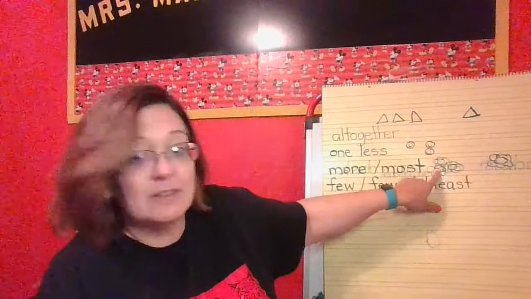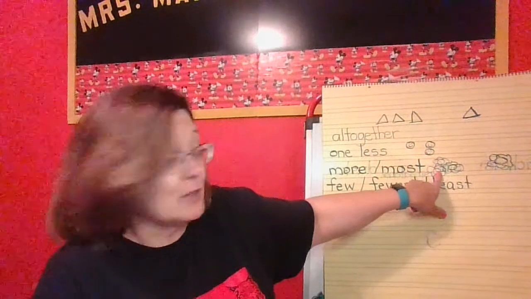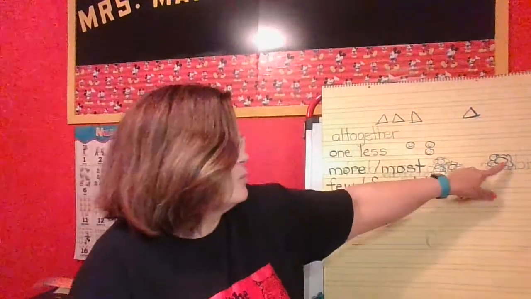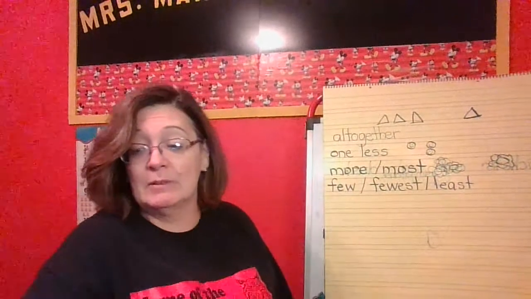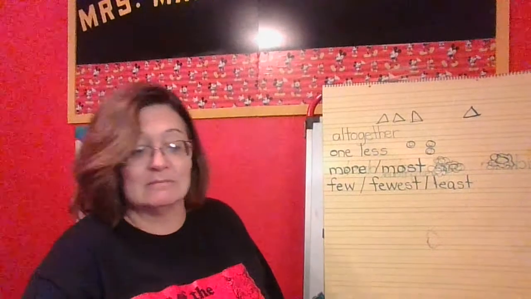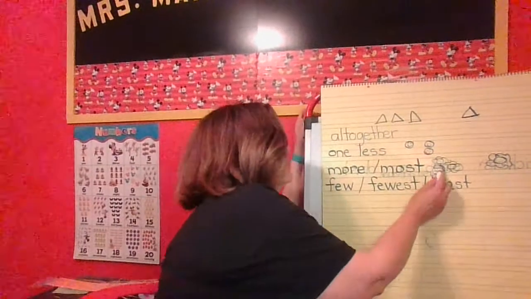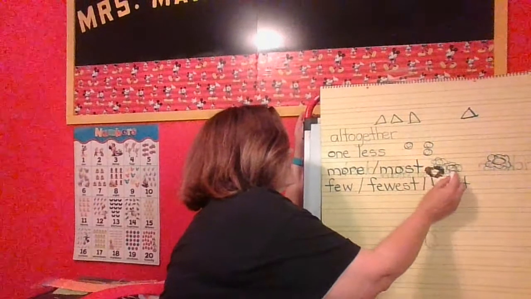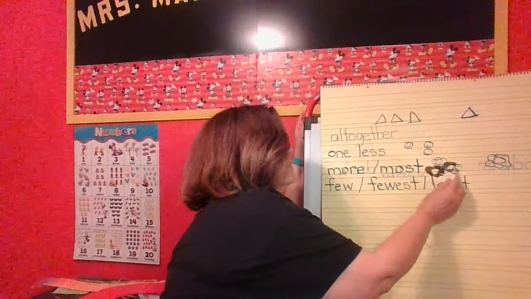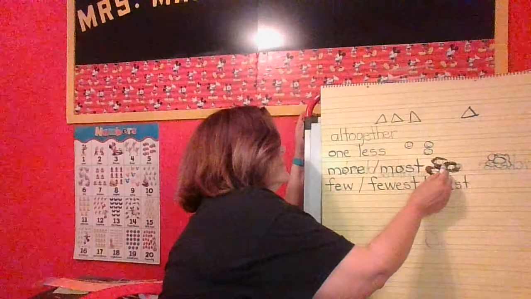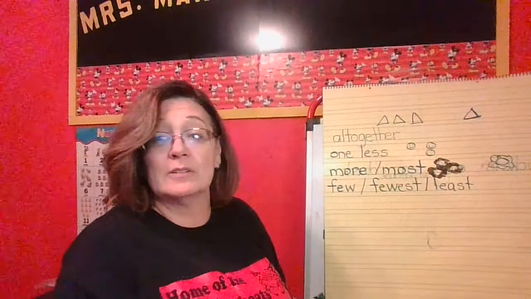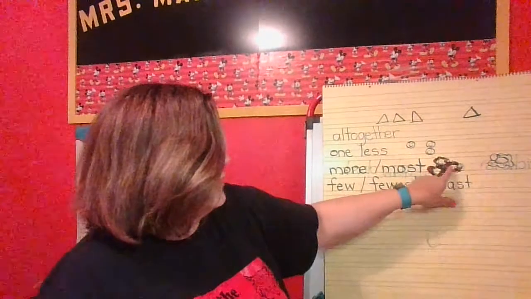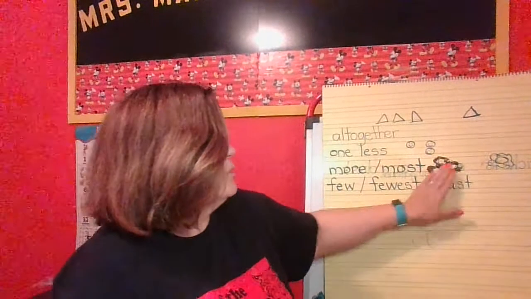More and most. Look, there's 3 little flowers here. It may be hard to see, but there's 3 flowers. And there's 1 flower over here. Maybe if I color them in. There's 1, 2, 3. Okay, there's my 3 flowers. So I have 3 flowers here and 1 flower there.